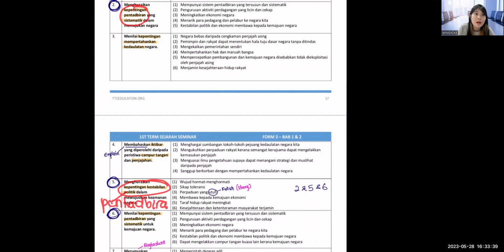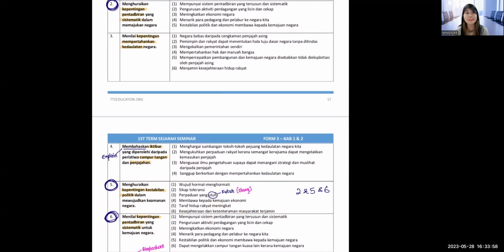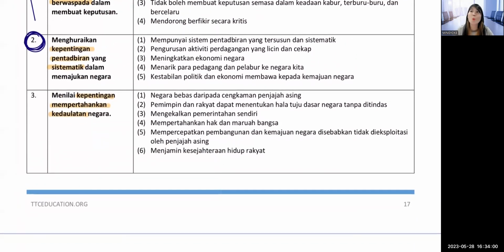Politik is pemerintahan. You understand? And kepentingan pentadbiran sistematik again. Can you see? So 2, 5, 6 can be the same answer. Understand? Okay, good. So we move on into the next one, which is example.